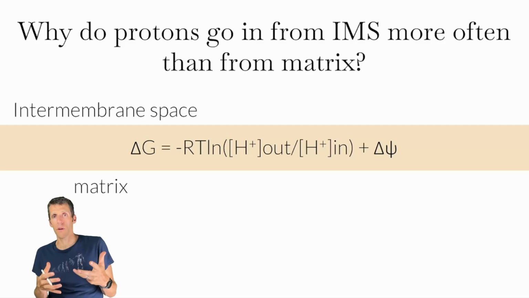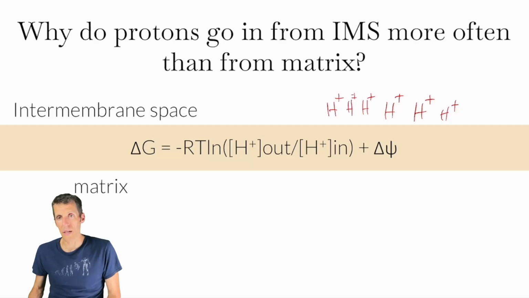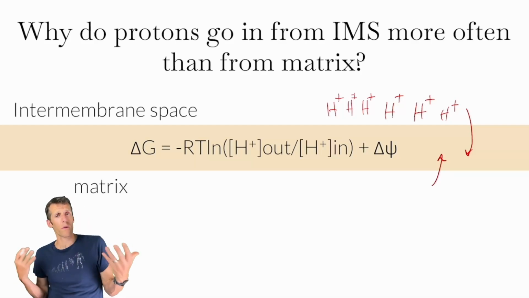So first, why do protons go from the IMS more often than from the matrix? The reason for this is there's 2, actually. But if we think about it from just a concentration perspective, there are excess protons on this side, which means on average, you're going to see a proton want to move that direction more often than that side, just because there's more things on that side.